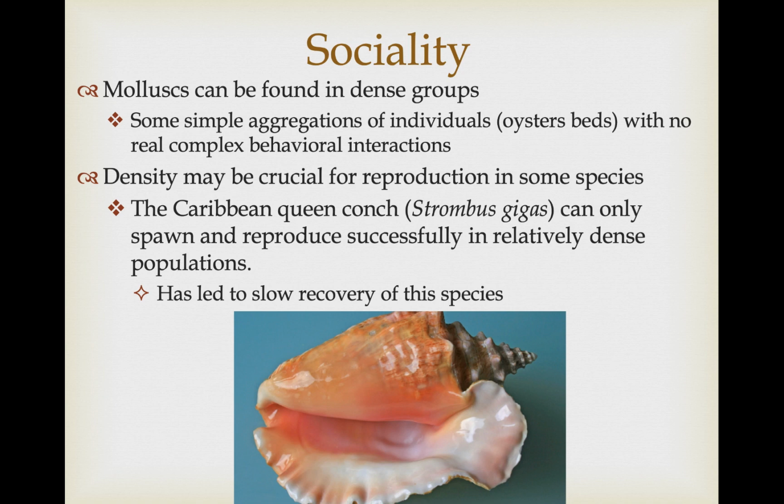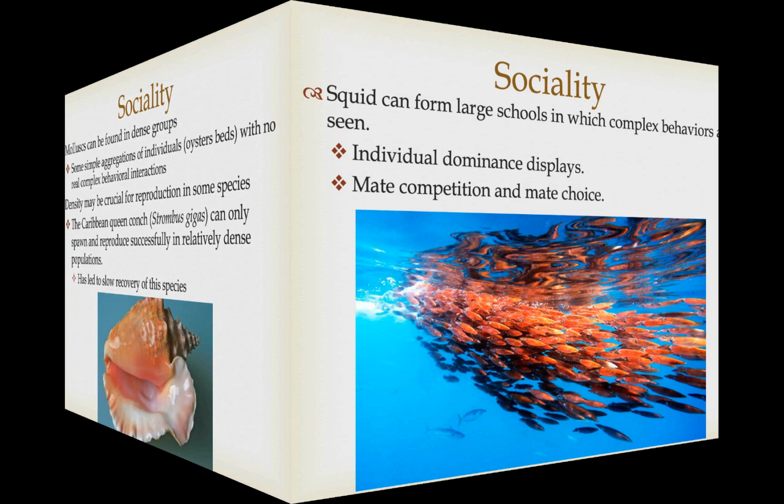So in the Caribbean queen conch, shown here, apparently they can only spawn and reproduce successfully if there are relatively dense populations to coordinate their reproduction, release of gametes, and uptake of gametes. And this has been a problem, and so it's led to slow recovery of this species that is being overly consumed because of the beauty of the shells themselves.